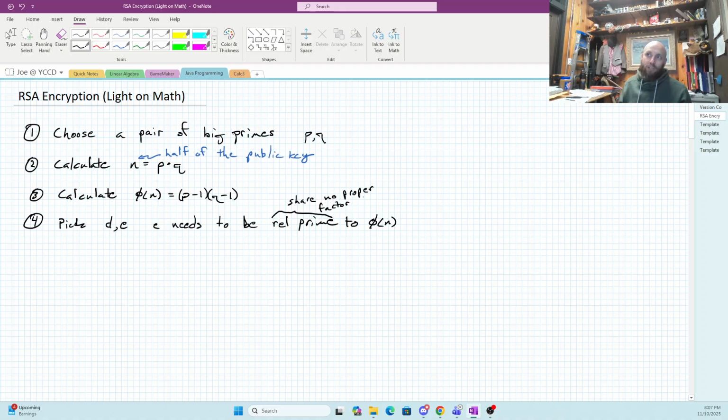Everything shares one as a factor, but they need to share no proper factors. So the biggest thing that divides both of those numbers is 1.